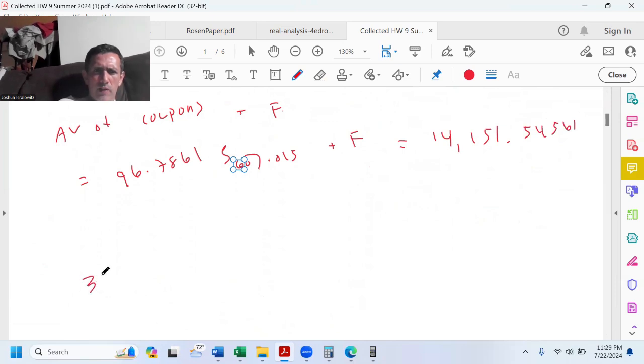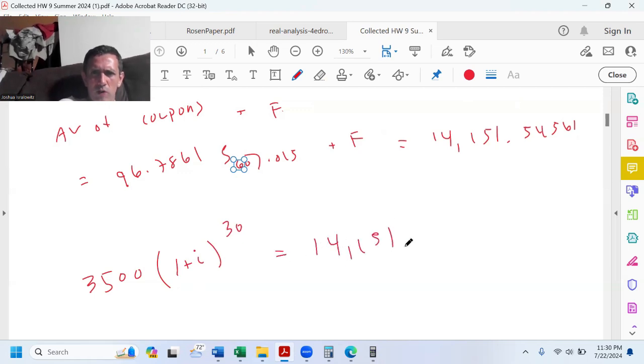All right, so now we can set up our equivalent effective annual interest rate equation. So 3,500 grows by 1 plus I per year for 30 years to give me 14,151, the accumulated value of your coupons plus your redemption.